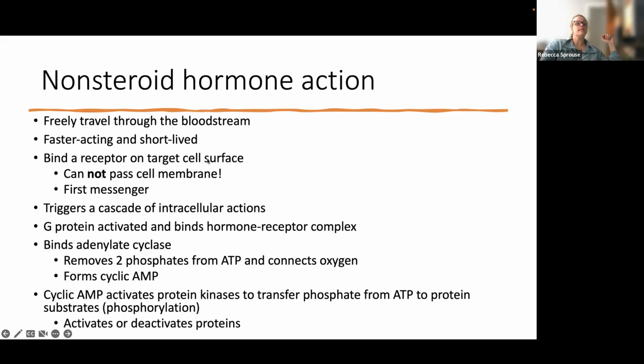Now, the difference is that non-steroid hormones are not lipid based. And so they cannot cross the lipid membrane of their target cell by themselves. What it will do then is find a receptor on the surface. Before, the steroid hormone had the receptor in the nucleus or the cytoplasm, depending on what kind of steroid hormone you are.